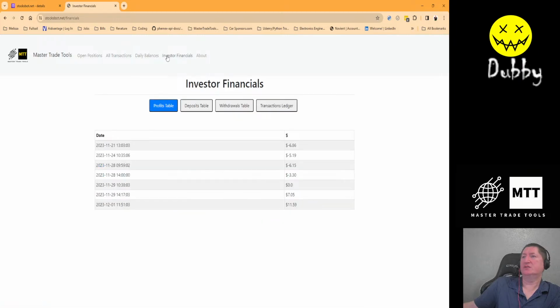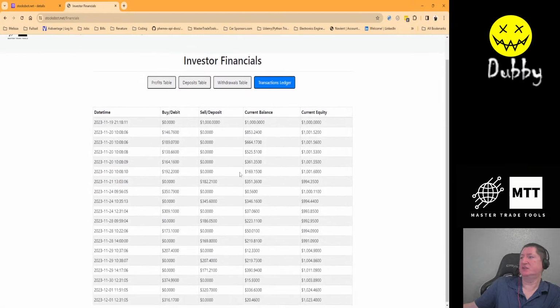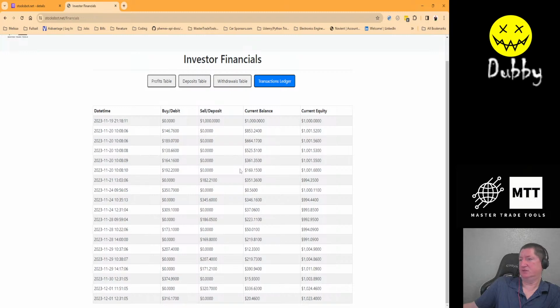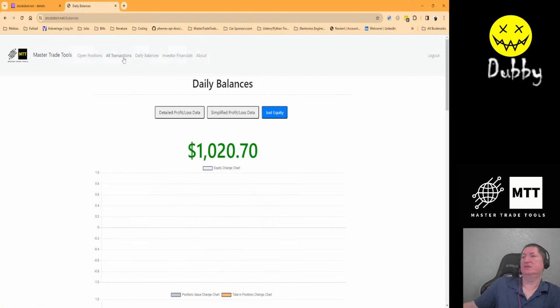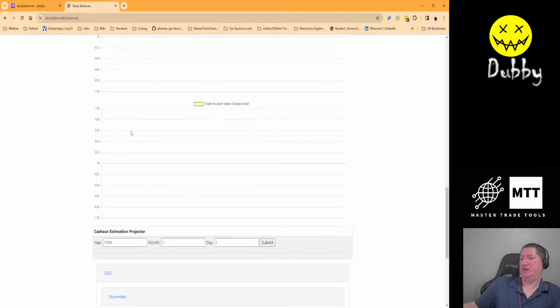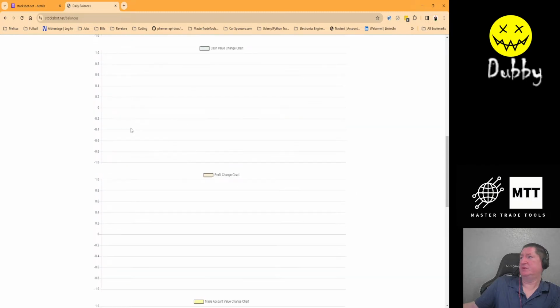Investor financials, transaction ledger. Like I said, this is for your accountants or your taxes at the end of the year. And we're just waiting for the market open.